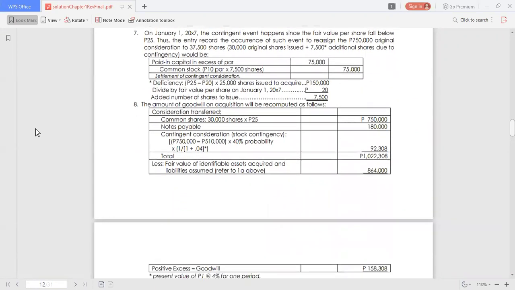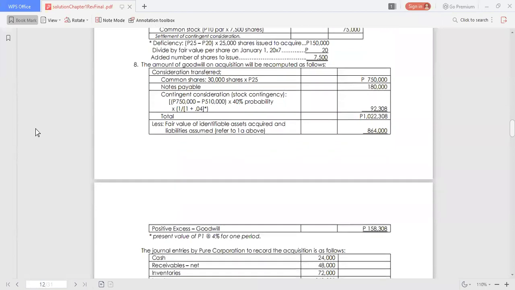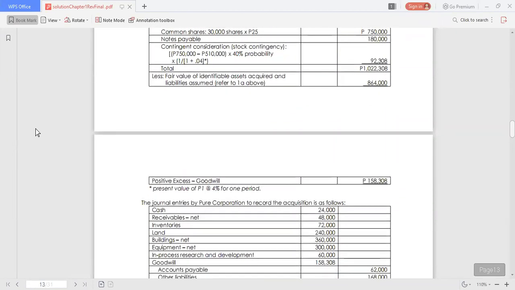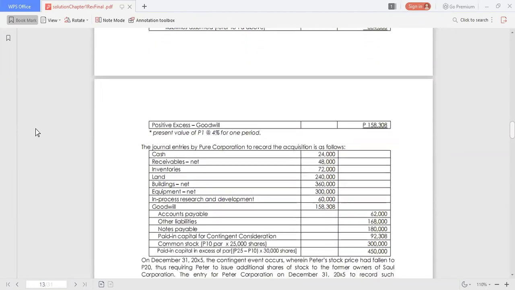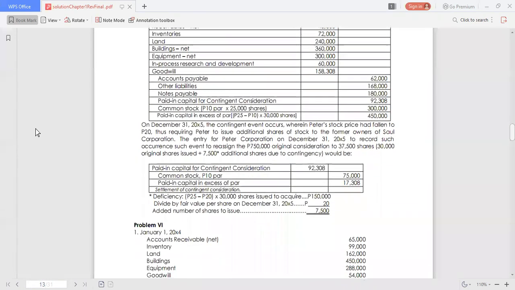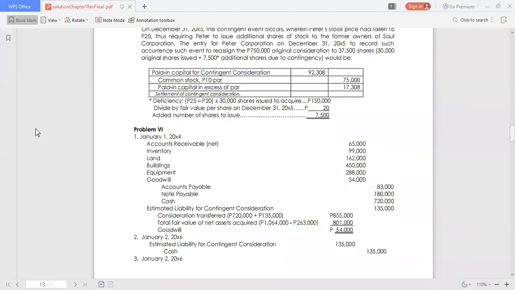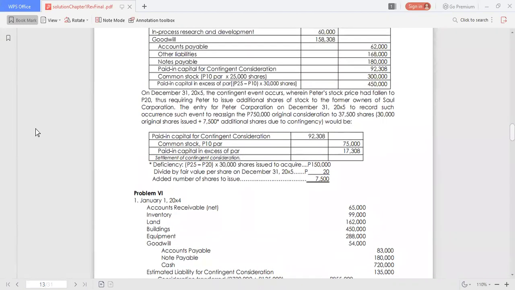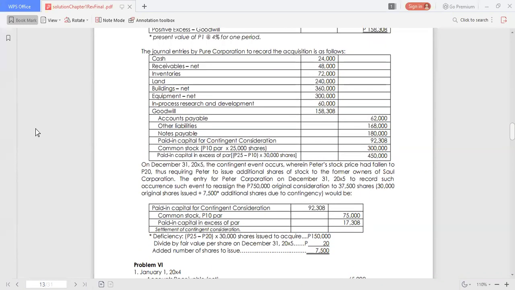It's a long set of problems. So with number 8, that's all for problem number 5.